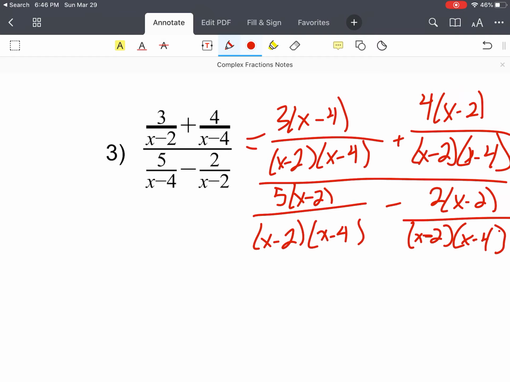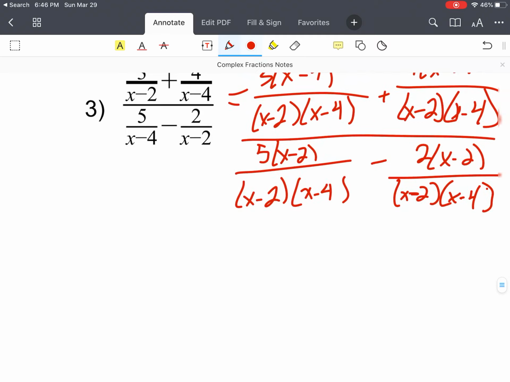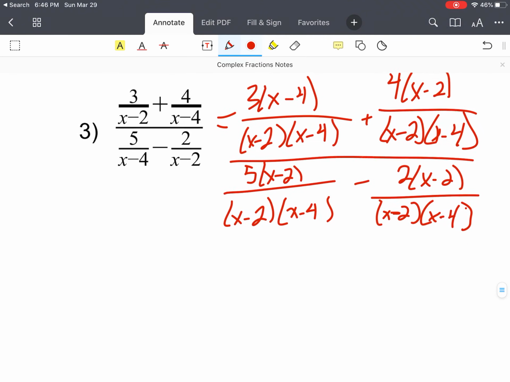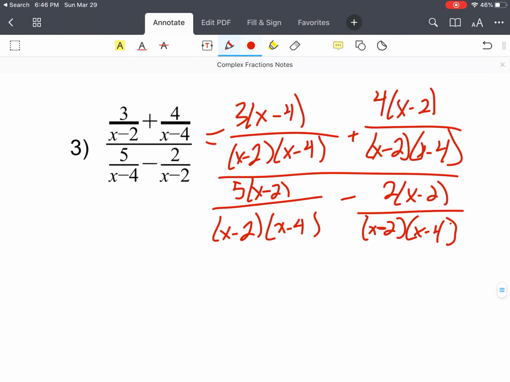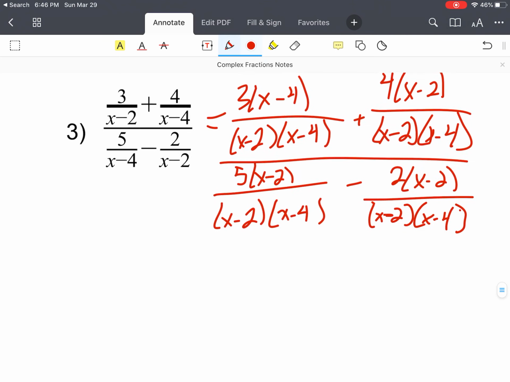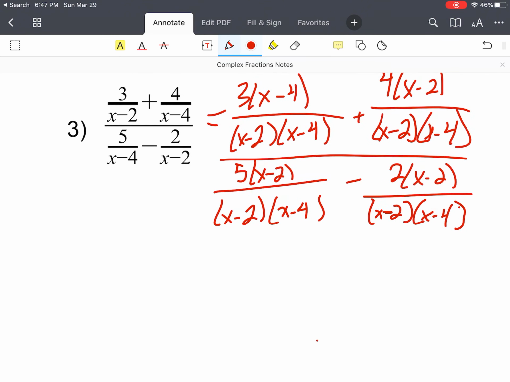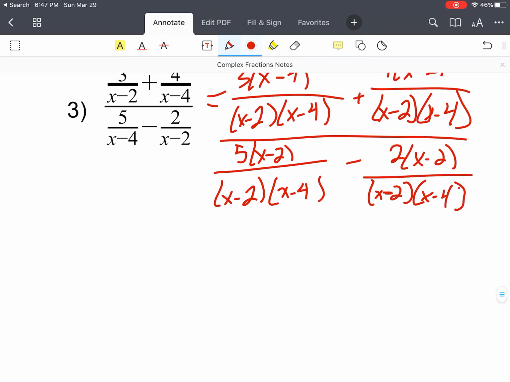Okay. So I have fixed my fractions to have common denominators. Okay. So my next step is going to be distribute on all those things and combine into single fractions on top and bottom. So let's do that.